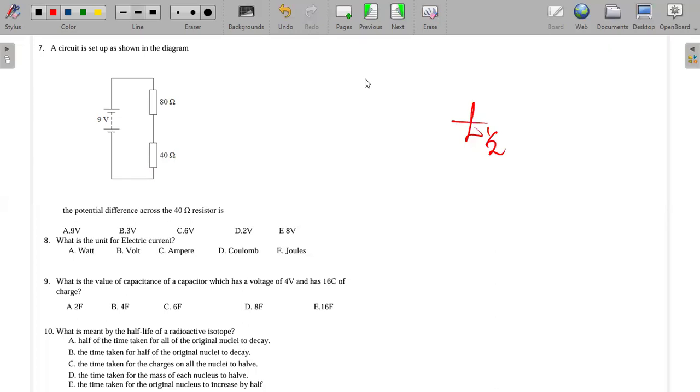B, the time taken for half of the original nuclei to decay. C, the time taken for the charge on all the nuclei to halve. D, the time taken for the mass of each nucleus to halve. E, the time taken for the original nucleus to increase by half.